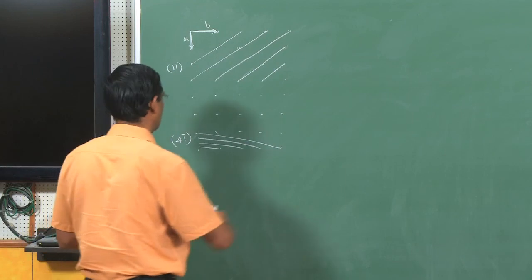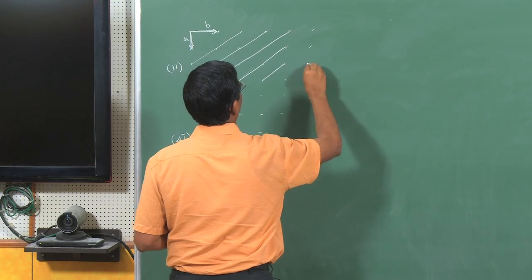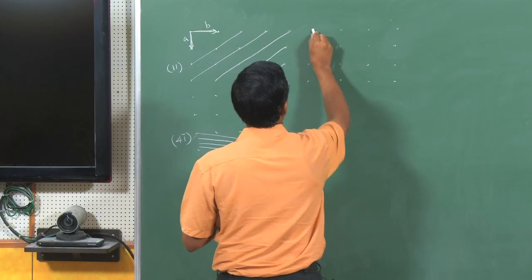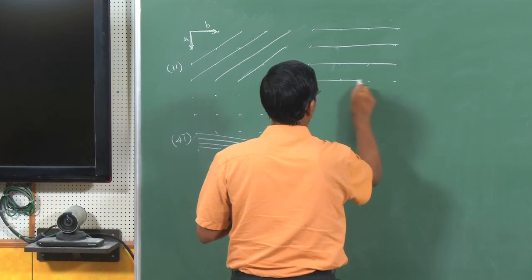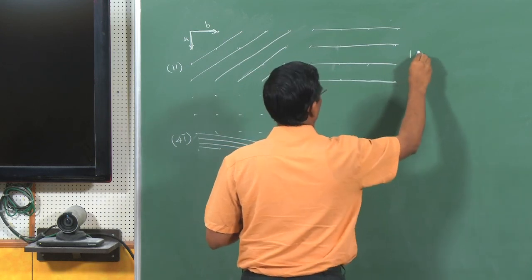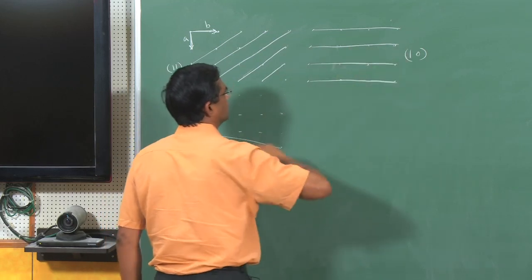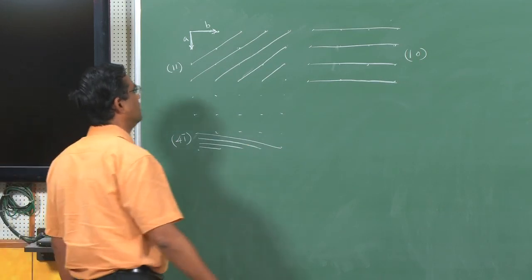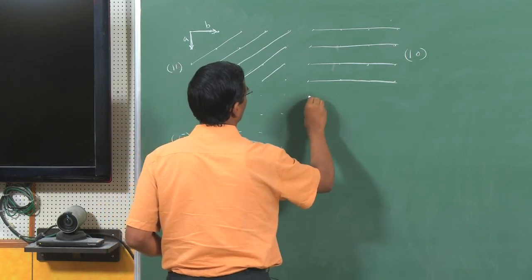Suppose I extend this lattice further like this, this is 1 0, because it is only one direction, and the other direction is a 0 intercept, it is not connecting the other direction, so it is 1 0. Suppose I extend this further, I can show a few more.